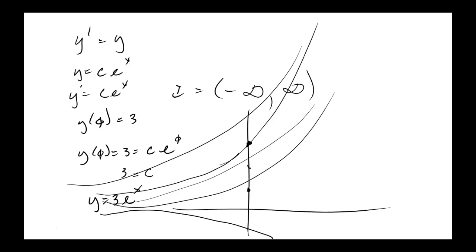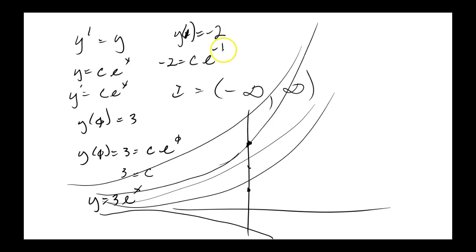Now, if on the other hand, you said, subject to the condition that y of 1 would be equal to negative 2, then you would plug in negative 2 is equal to c e to the minus 1.